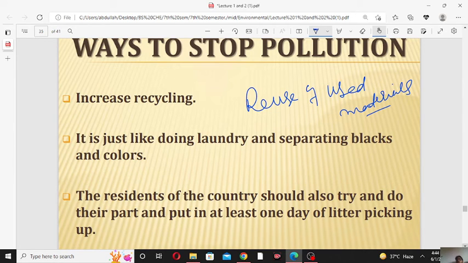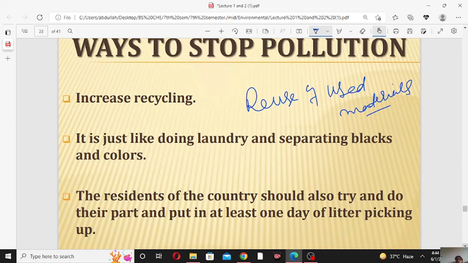By plantation, we can also reduce air pollution. Similarly, we can reduce noise pollution by using soundproof doors.